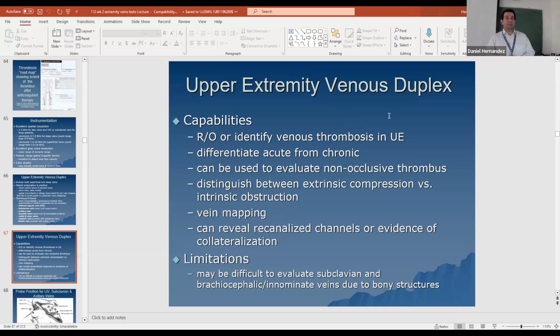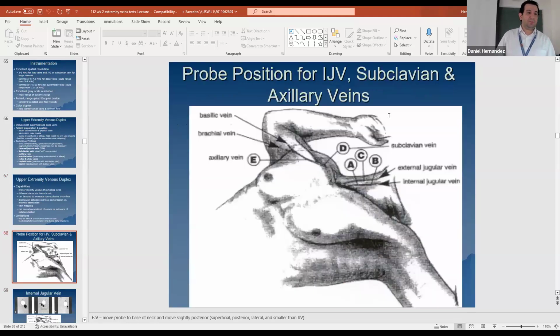We also can utilize our duplex for performing our vein mappings, like I said, for potential hemodialysis access, creating those fistulas. We can see recanalized channels or evidence of collateralization. Then some of our limitations, patients' innominate vessels might not be adequately visualized, as well as subclavian, due to patient body habitus, bony structures.